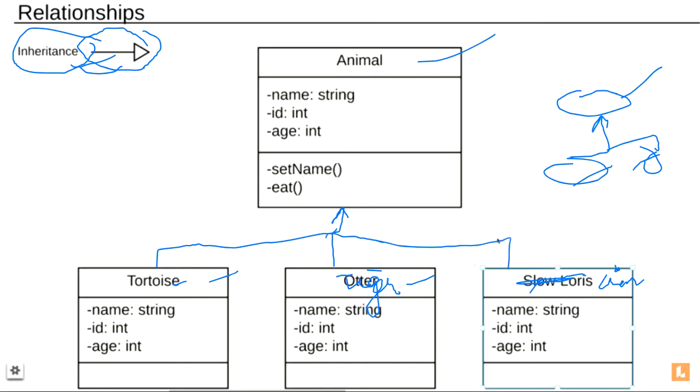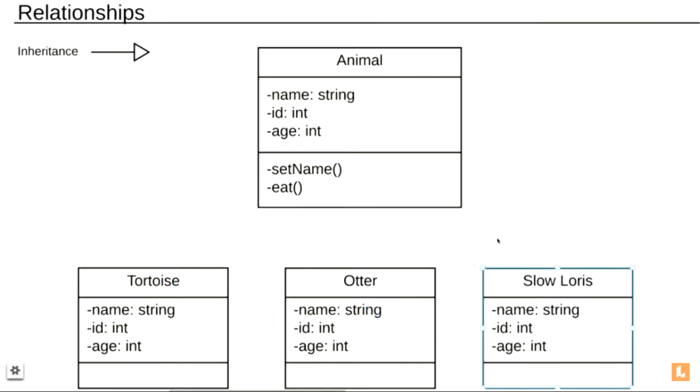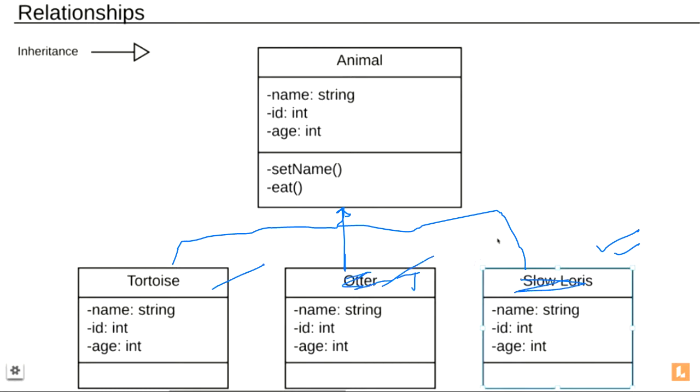Why do we perform inheritance? What is the need? What will happen with this inheritance? What are the benefits? Again, the same benefits of inheritance. जो भी inheritance का benefit होता है, वही you are going to get here. If you do inheritance of these three classes, tortoise, tiger, and lion, then these things, name, ID, age, set name, eat, these methods and attributes of the animal class will be known to tortoise also, to tiger also, to lion also.